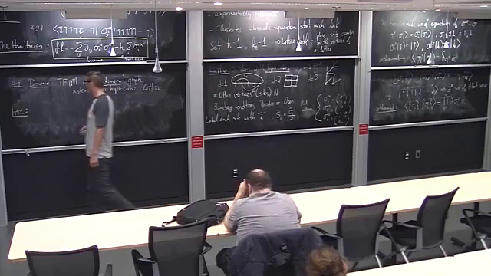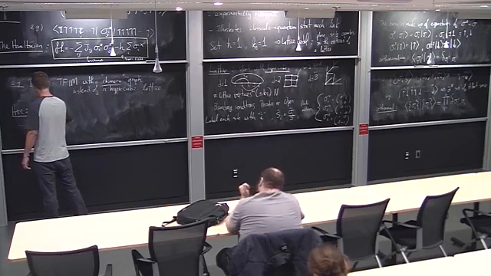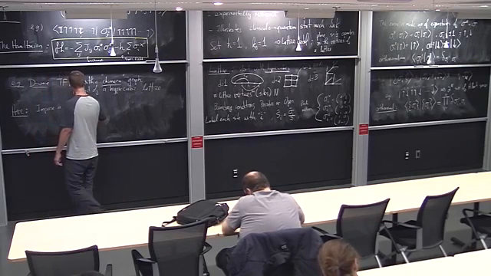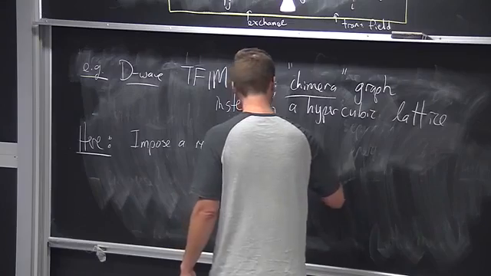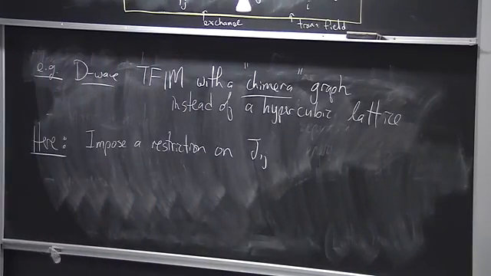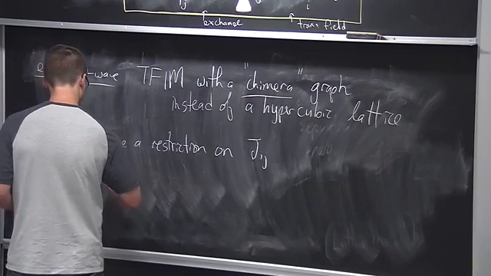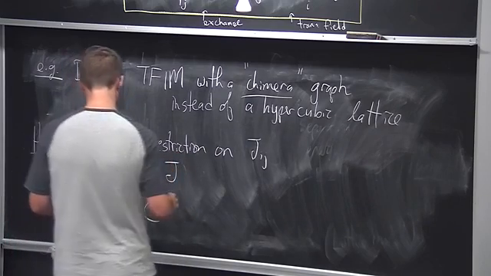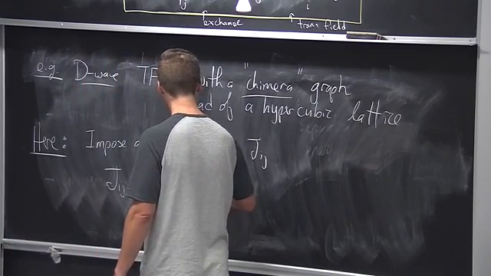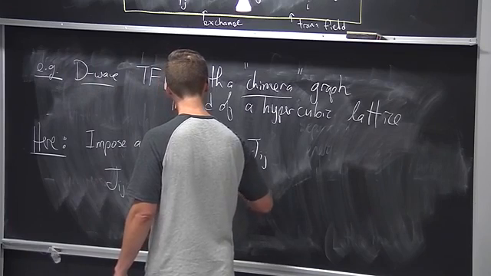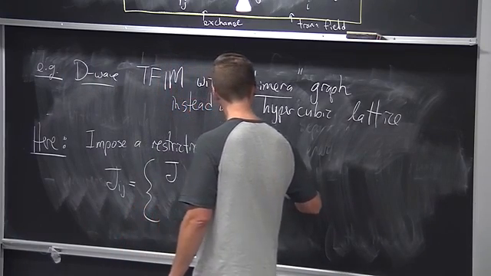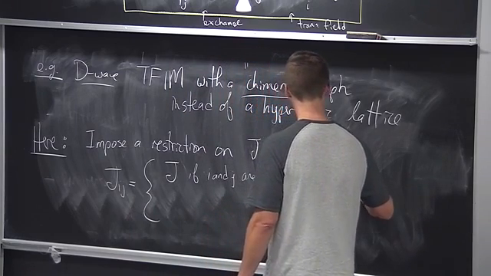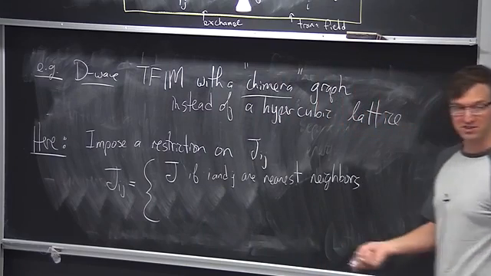But let me impose a restriction. And that restriction I'm going to impose is that I'm just going to call this thing J if i and j are nearest neighbors, in the hypercubic sense.